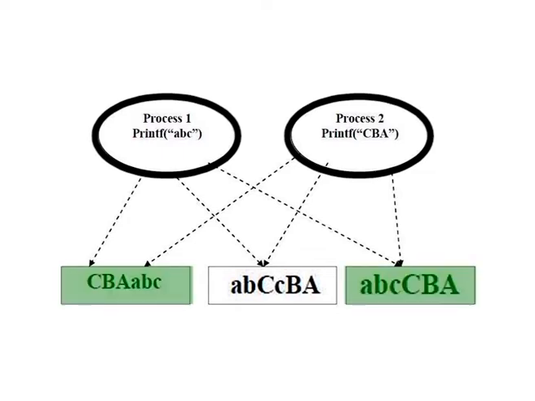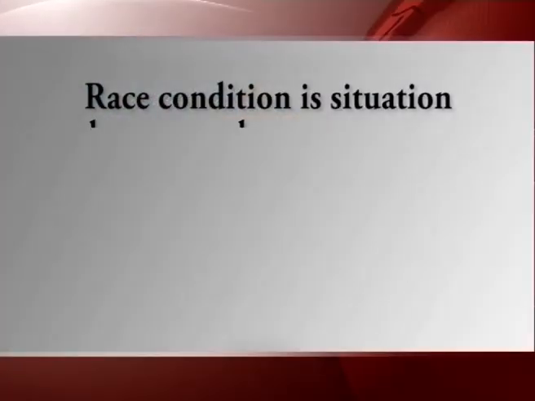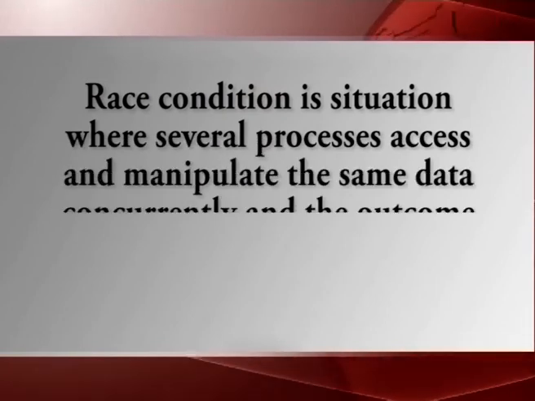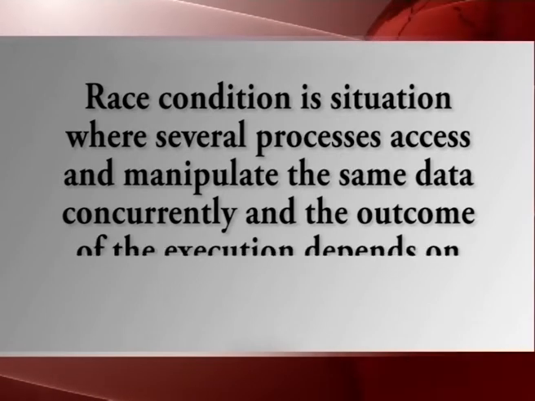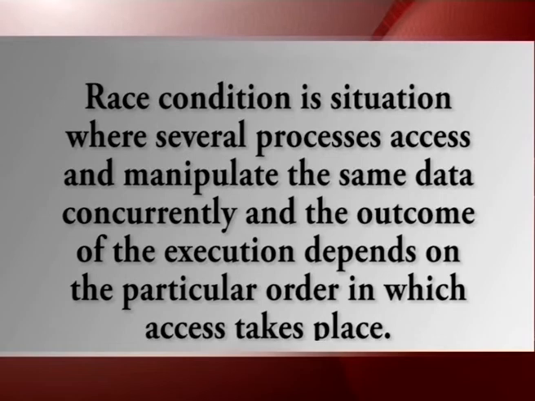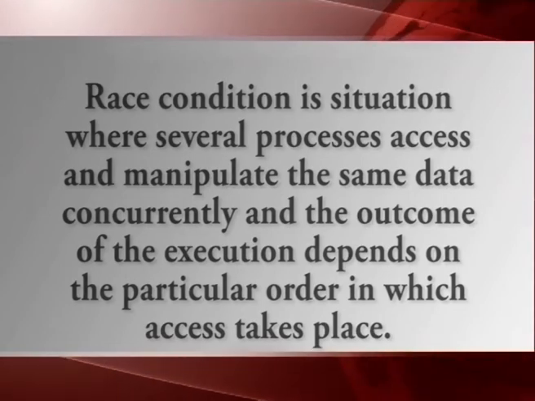One can see in the figure that it may produce correct results, but the possibility of producing incorrect results cannot be ignored. This is a perfect example of a race condition. A race condition is a situation where several processes access and manipulate the same data concurrently, and the outcome of the execution depends on the particular order in which access takes place.